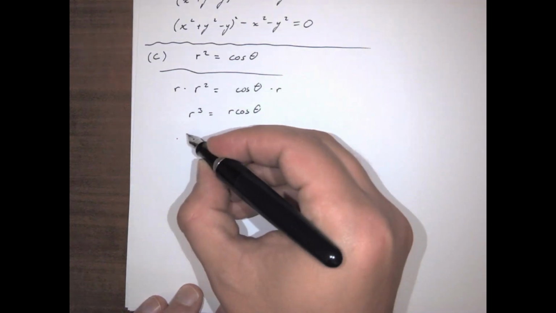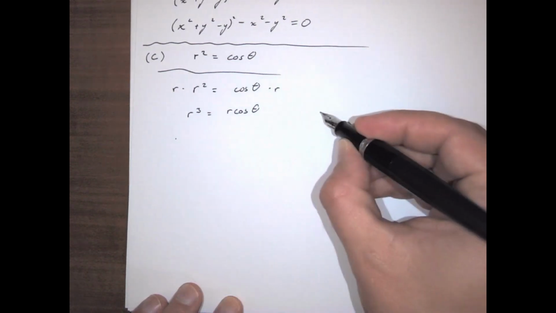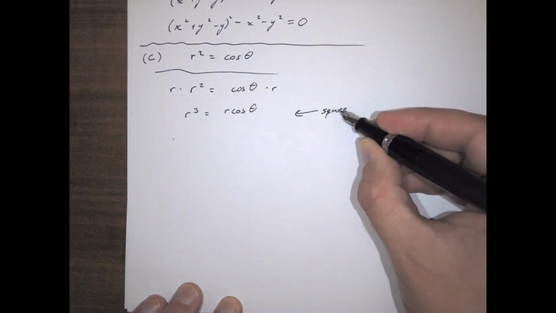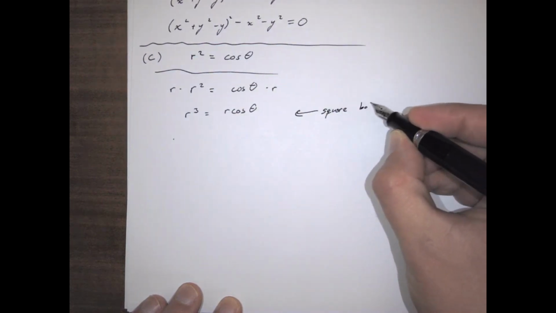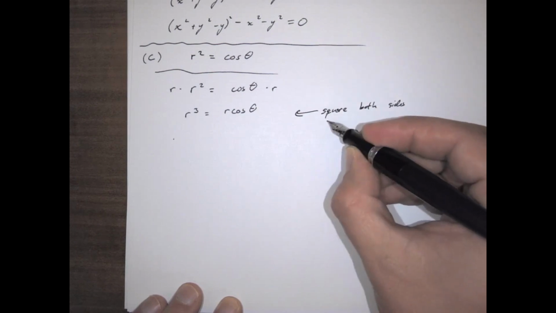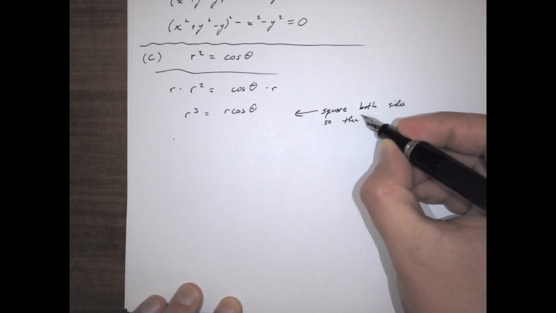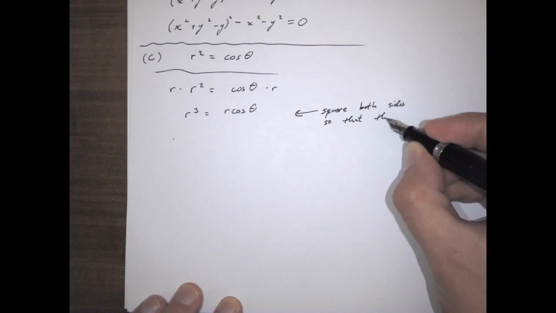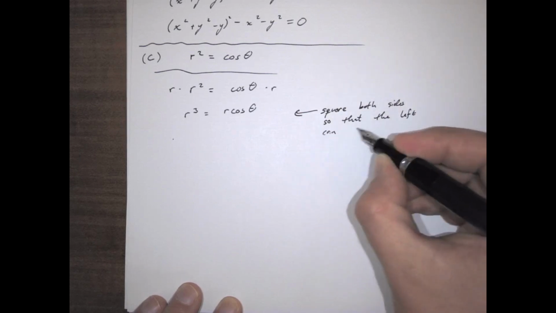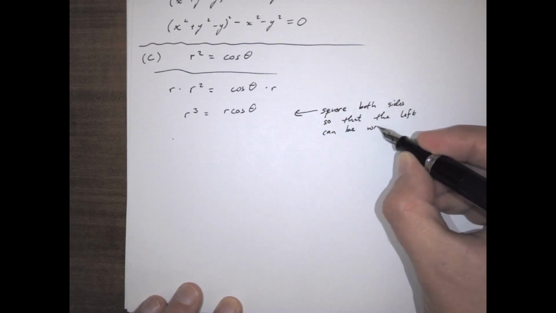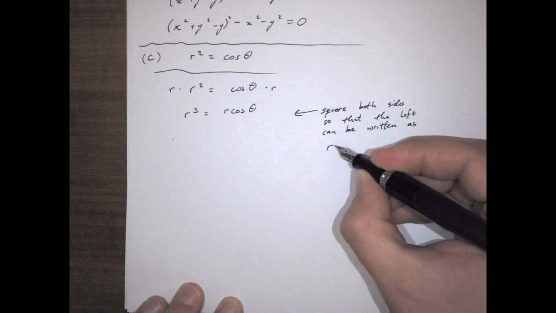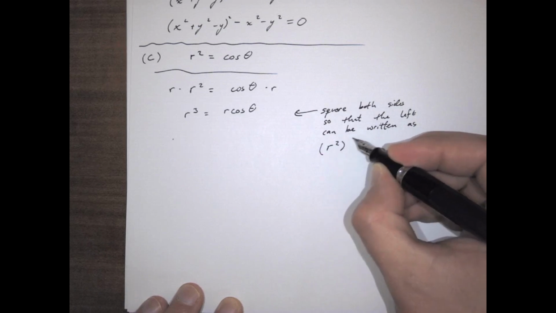So here's the trick on this. So now we square both sides, so that the left can be written as r squared to some power.